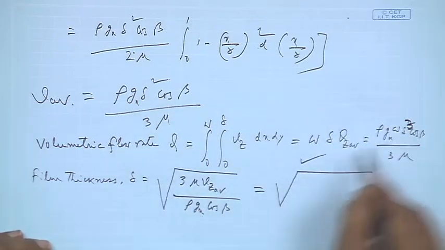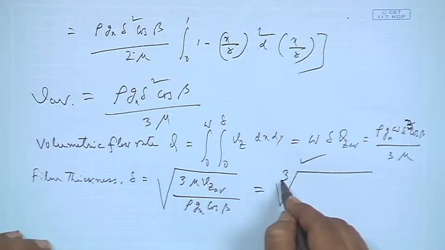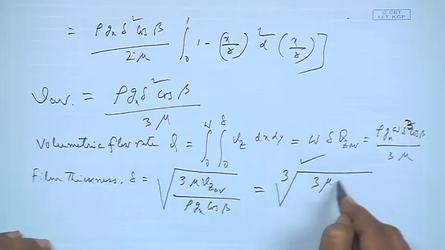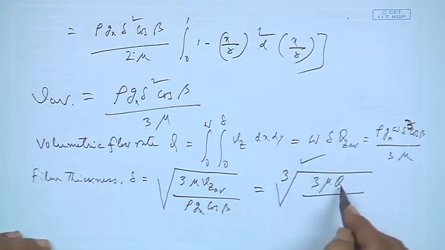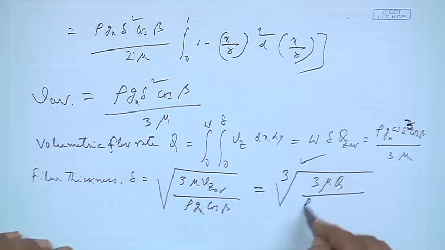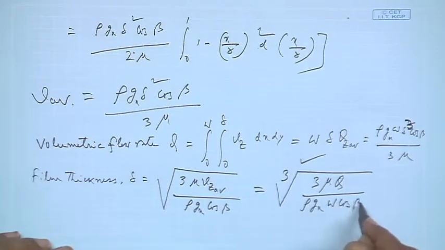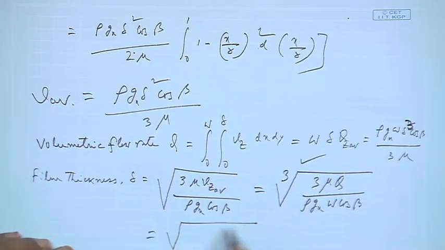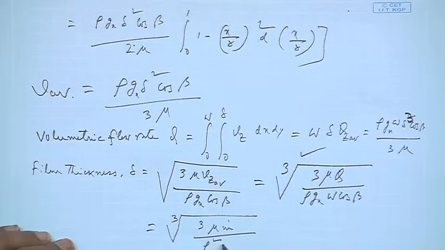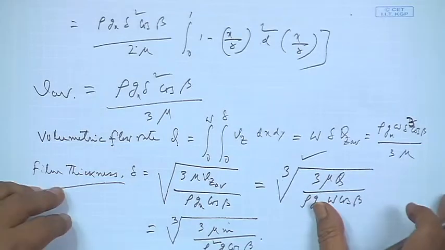So del is the cube root of 3 mu Q, where Q is the volumetric flow rate, by rho gx W cos beta. This can also be written as the cube root of 3 mu m dot over rho square g cos beta. So this is the film thickness.